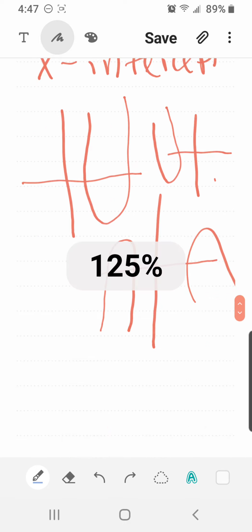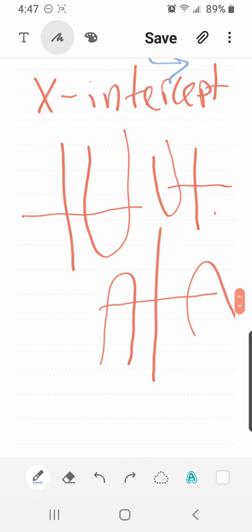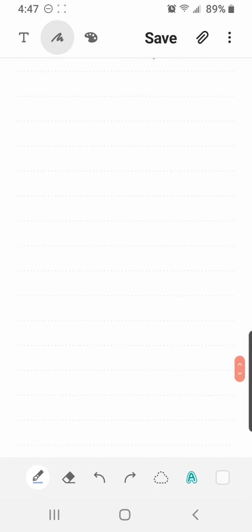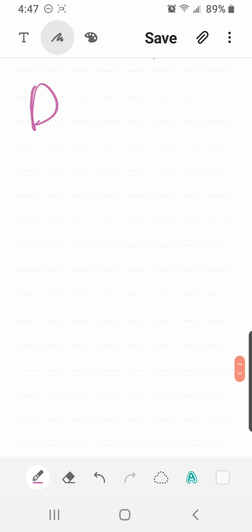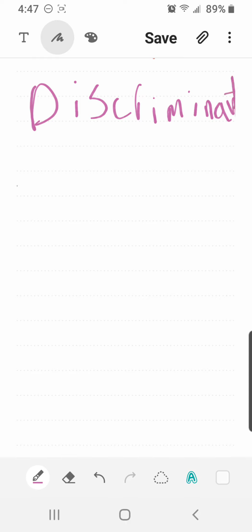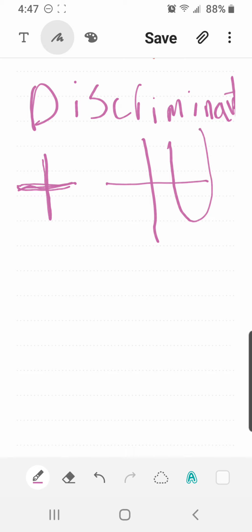So let me recap on that. With our discriminant, if it is positive, we cross the x-axis twice. Okay, two real solutions. You could put two x-intercepts.